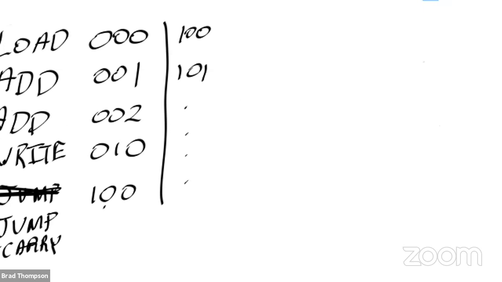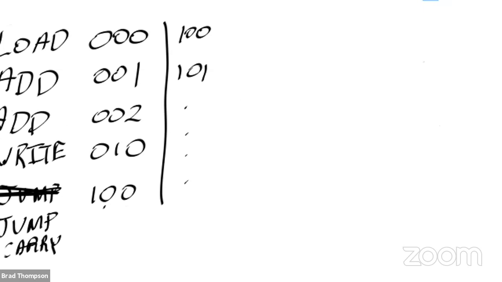So if we're only jumping if the carry bit is not set, when these are small, then this will not jump because the carry bit's not set and keep going. If these are big and the carry bit does get set, then, crap, I just said it backwards again because I changed what I said. Ha.